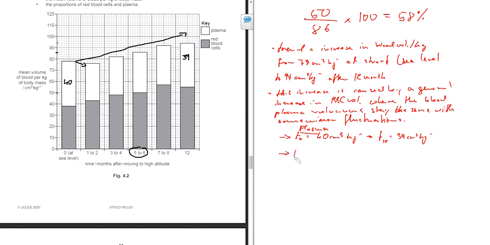And for red blood cells, it goes from 38 at T0 up to 55.